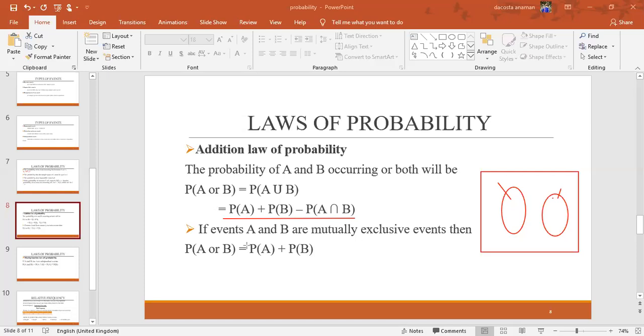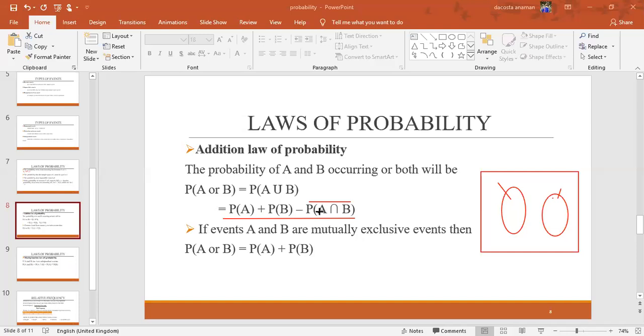Then if the events are mutually exclusive, last week we talked about mutually exclusive events, which says that the events cannot occur at the same time. So if these events cannot occur at the same time, that means that the intersection is not occurring.